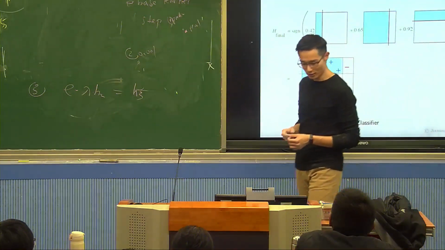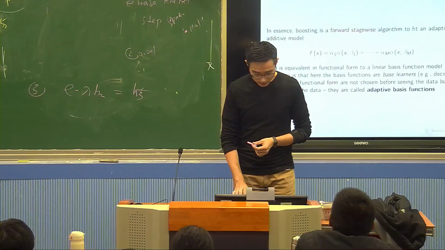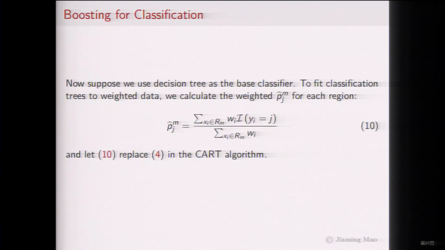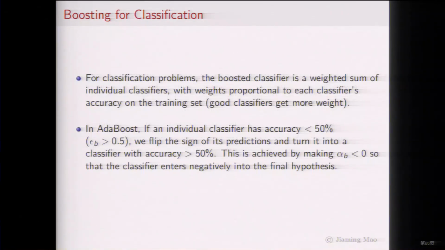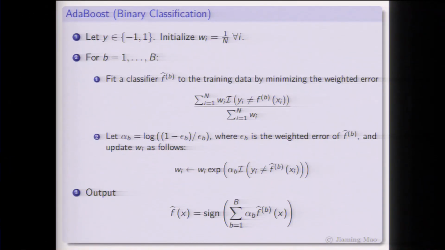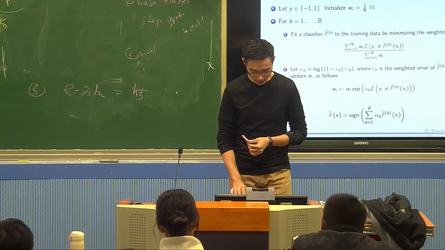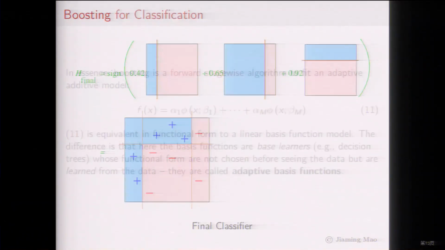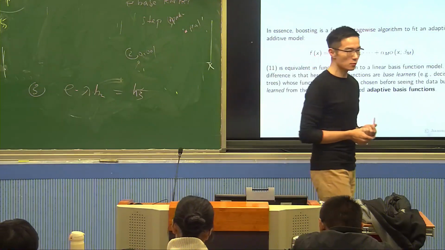Okay. So again, like I said, behind the classification boosting, we have some algorithm. But before talking about where this algorithm comes from, I am going to say, in essence, what boosting is.